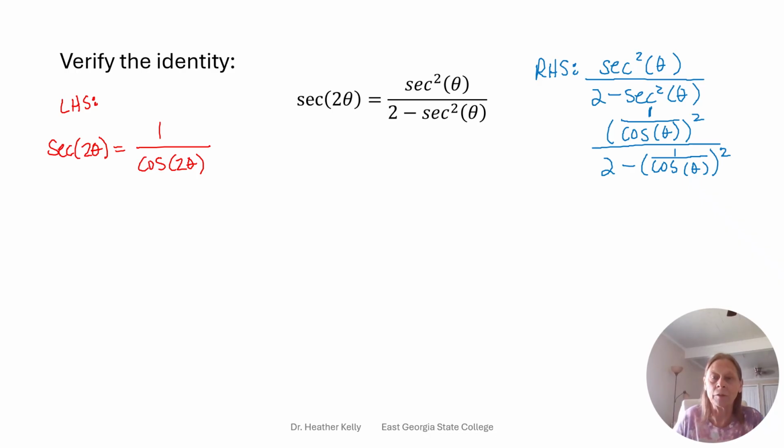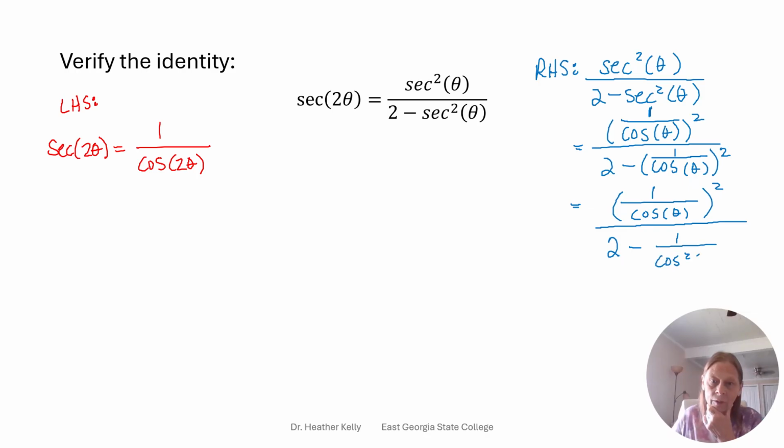Now let's clean those up. So that denominator, let me just write a little equal sign here. That denominator right there, I'm going to go ahead and just write this guy still like this. And when I do this guy here, we have 2 minus 1 over cosine squared theta.